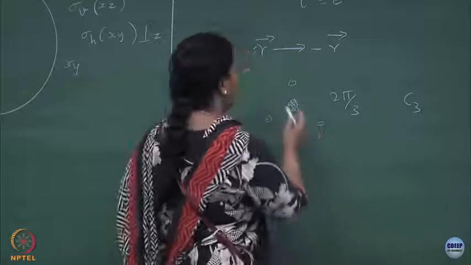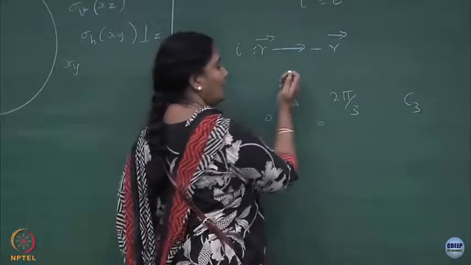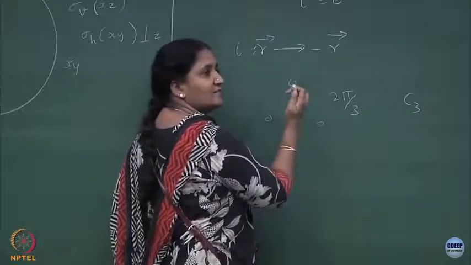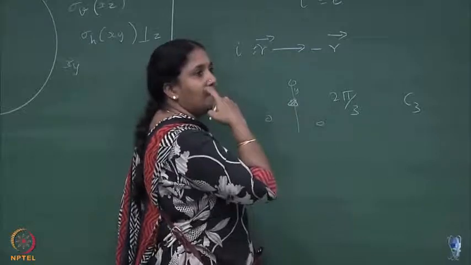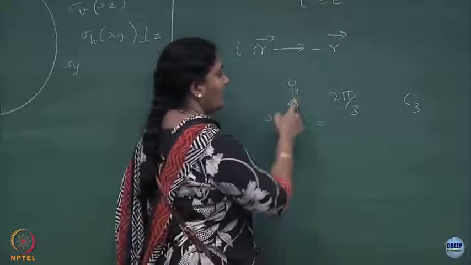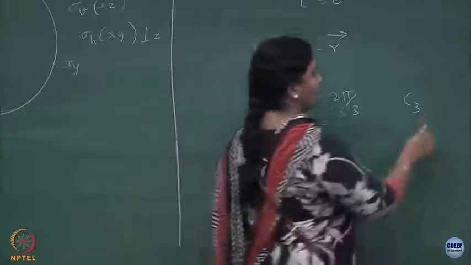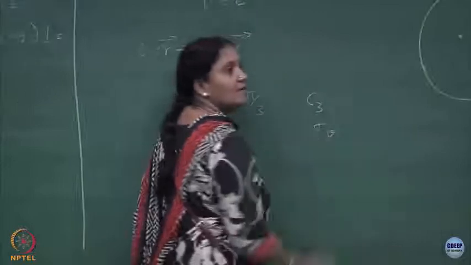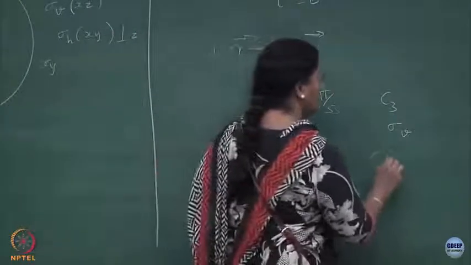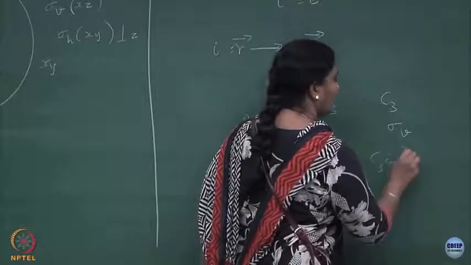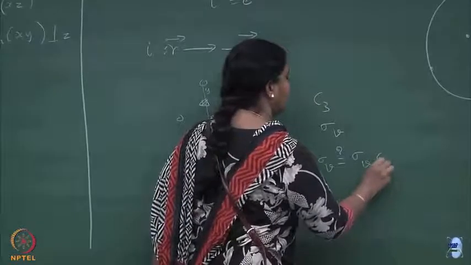You can also put a plane containing this axis, let us call this the y axis, right. And then what happens? If you put a plane through this, then you have a sigma v. A question is, is C3 sigma v the same as sigma v C3?